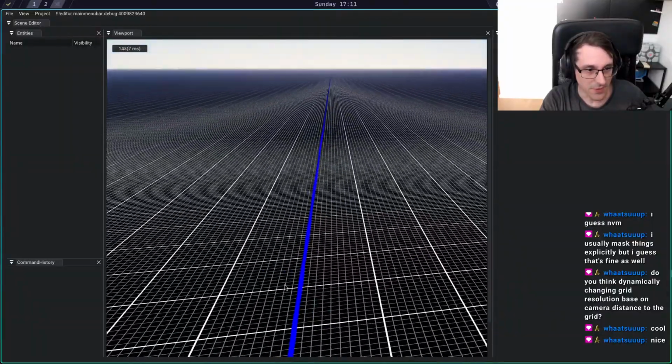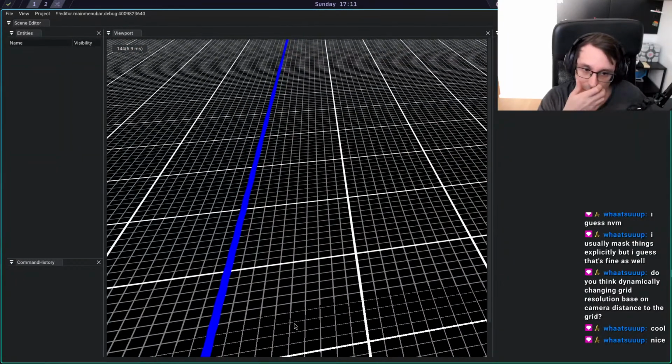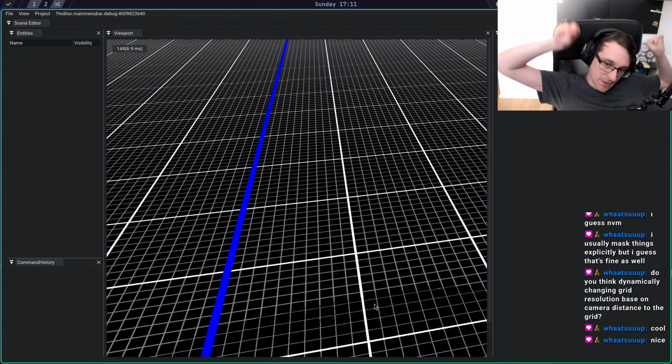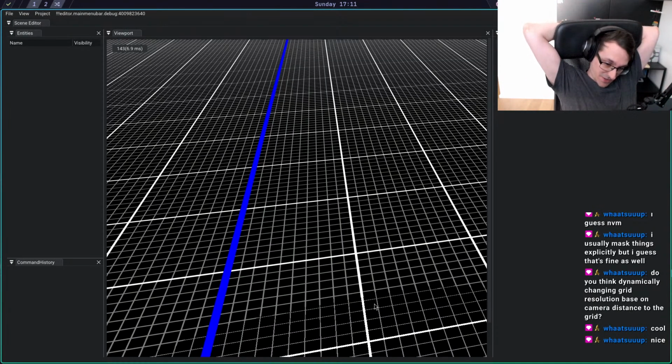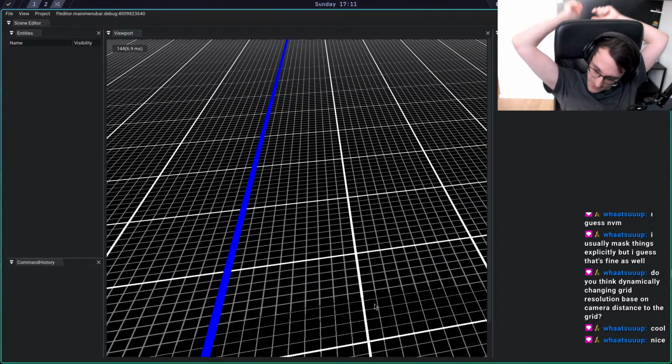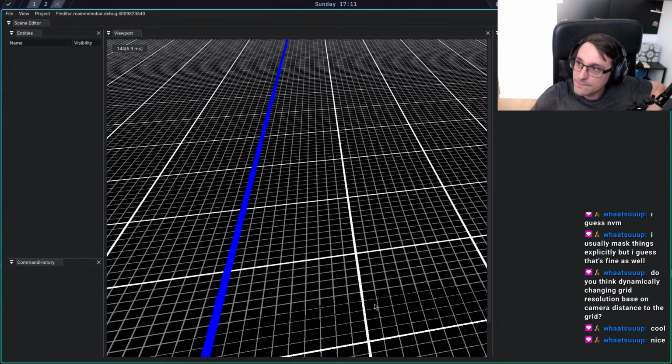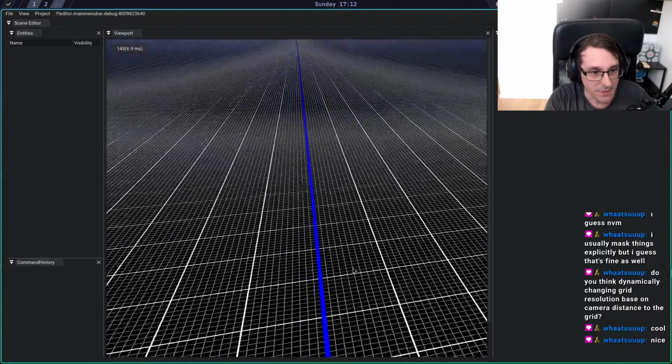Maybe the white is too much as well. We could do proper colors for it. And now we only need to scale it, basically. Because that's like fixed size currently. But I mean, that still already looks quite good.